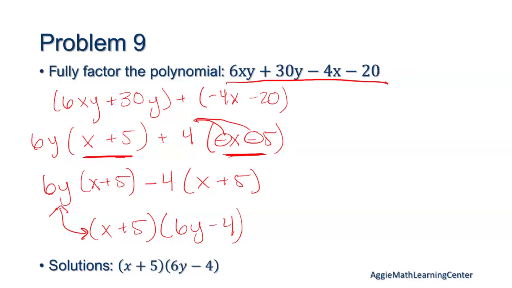Is there anything different that you do? Because sometimes they'll just give you something like negative 20 plus 30y minus 4x plus 6xy, something like that, right? And then you want to reorder it. Yeah, I definitely agree with what she's saying.